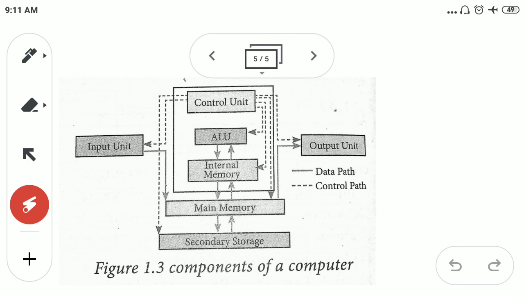So these two things are necessary to do a job in our body. Likewise, the computer also needs two things: power supply and the signal to do some work. These two things are provided by the data path and control path. The data path is the power supply or the data supply, and the control signal is the signal for what to do with the data. So this is the basic working principle of a computer.